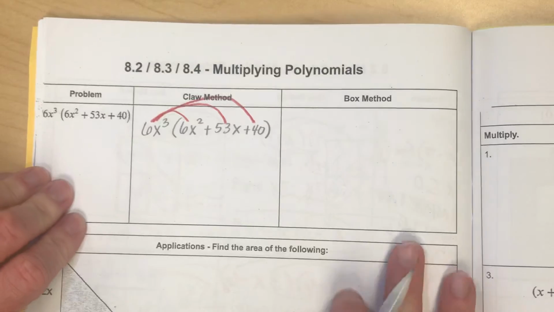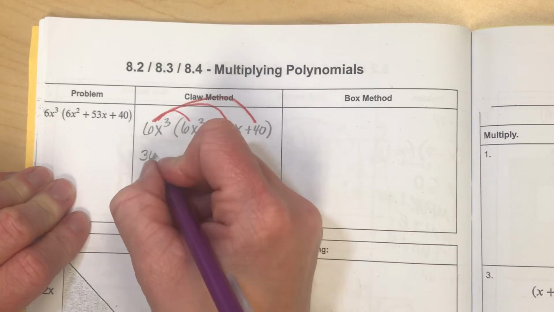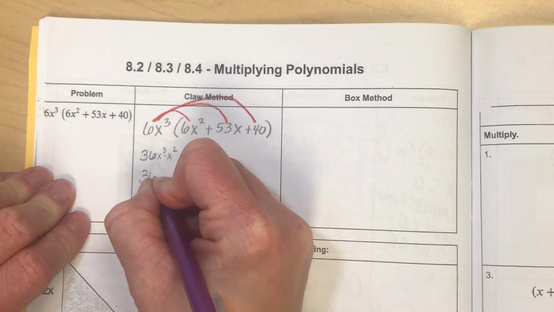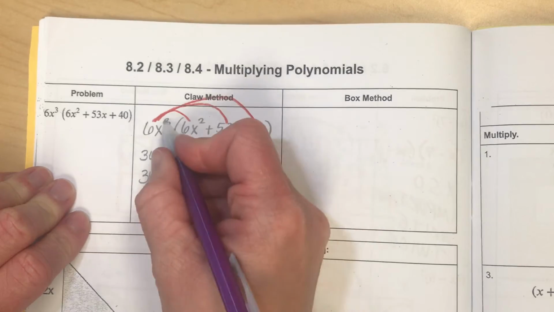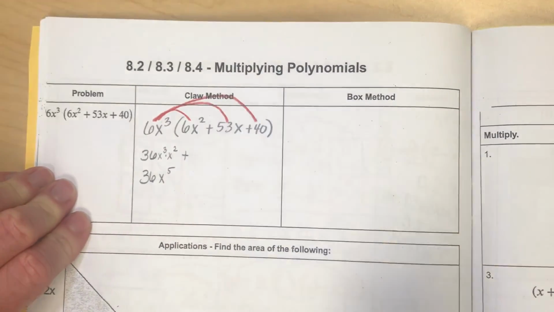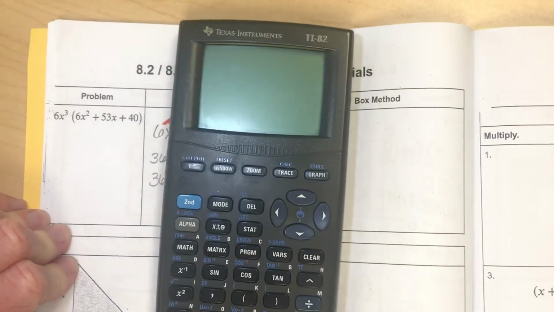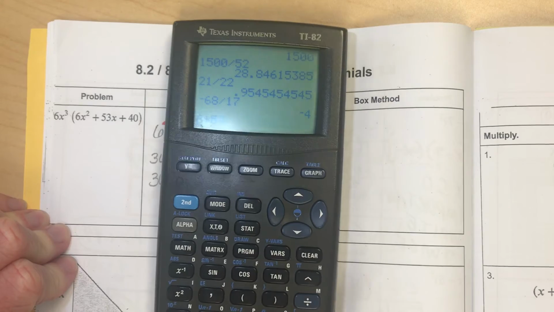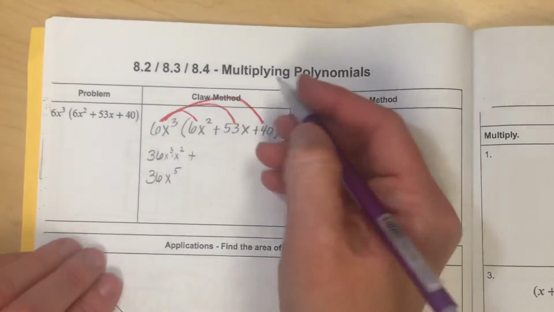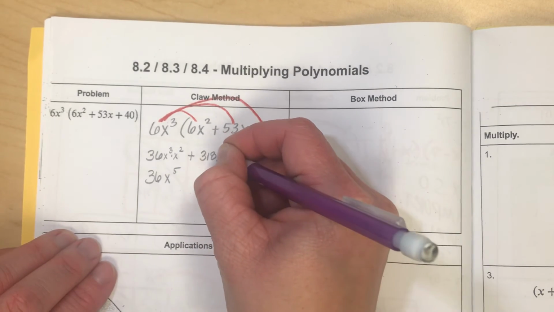All right, 6 times 6 is going to get you 36. x cubed times x squared is how we get 36x to the 5th, because we're going to add those powers together. And then 6 times 53. Oh, wow. For sure I need a calculator for that one. Okay, 6 times 53 is 318. And then we have an x cubed times an x.